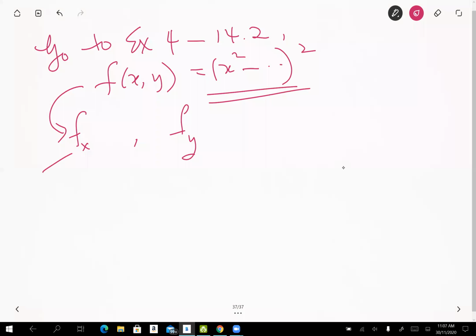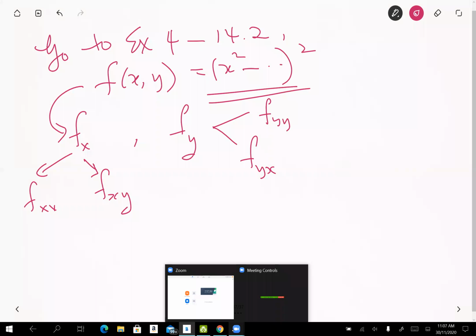After that, you do the second partials, fxx, fxy. Similarly for this one, you have fyy, fyx. Okay, do it now. Actually, the first partials are already done, but just to make sure we know how to do it, why not spend a few minutes doing the first partials as well.